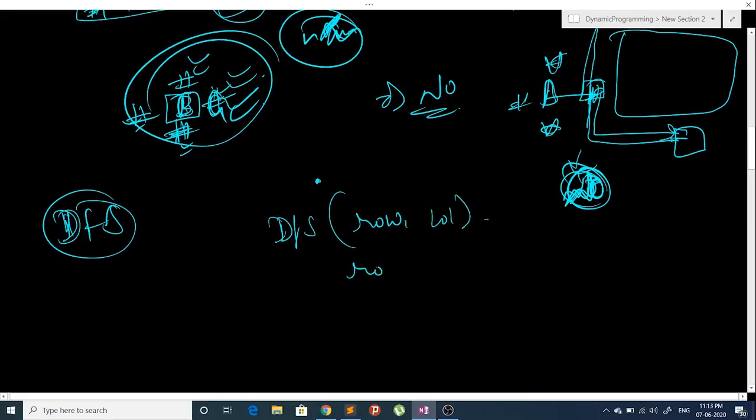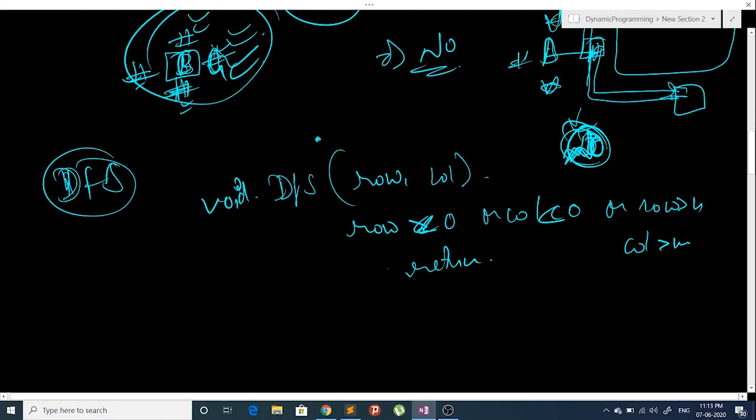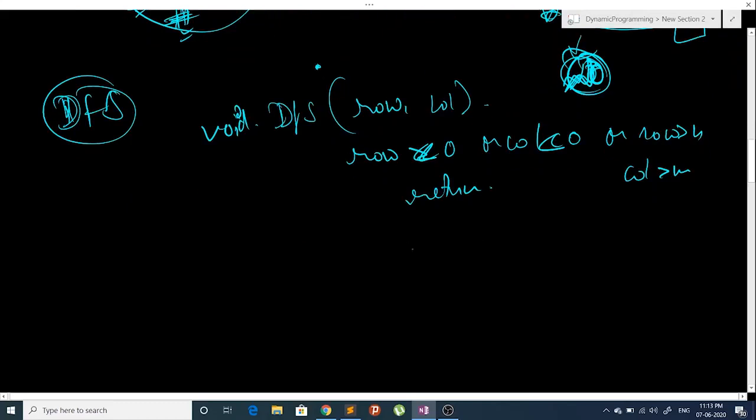So if row is less than 0, or column is less than 0, or row is greater than n, or column is greater than m, I just return. This is void. So I just return. Else what I can do is, I just take a map of pair of integer and bool.